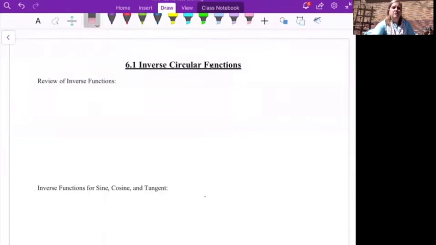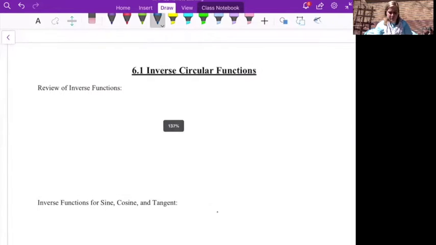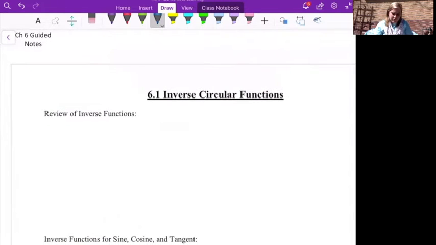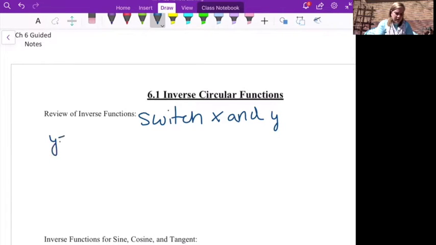Okay, so let's first do a little bit of a review of inverse functions in general. So as you remember, either from 122 or from Algebra 2 trig, for inverse functions, we switch x and y. And so if we take a function like y equals sine of x, to find the inverse, we just simply draw our graph.